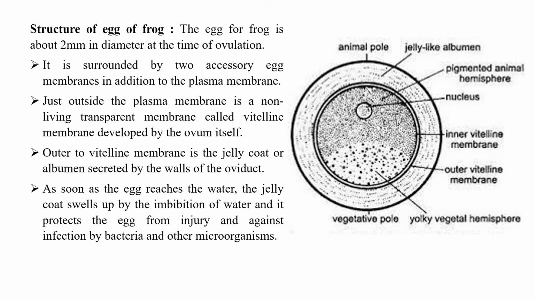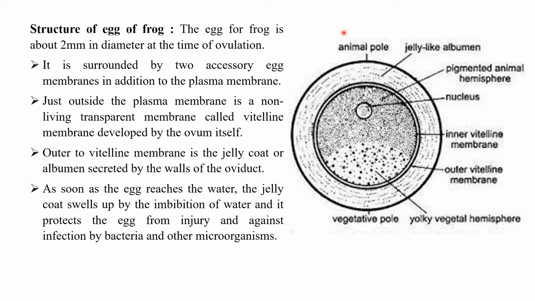If you look at the structure of an unfertilized ovum or egg of the frog, it looks like this. So this is how it looks under a simple microscope. The egg of frog is about 2 millimeters in diameter at the time of ovulation.